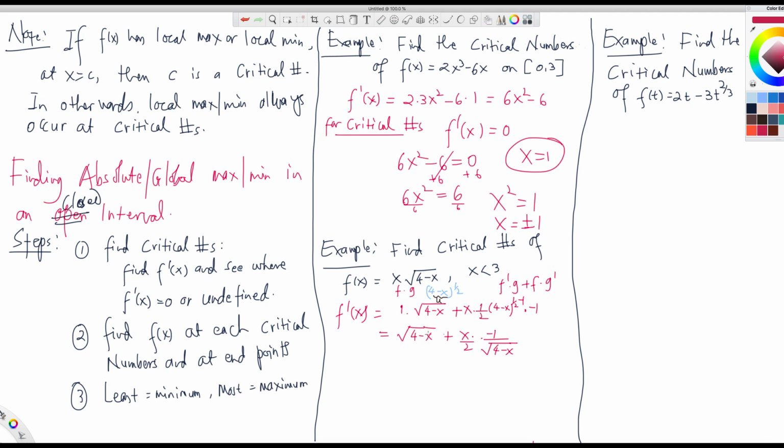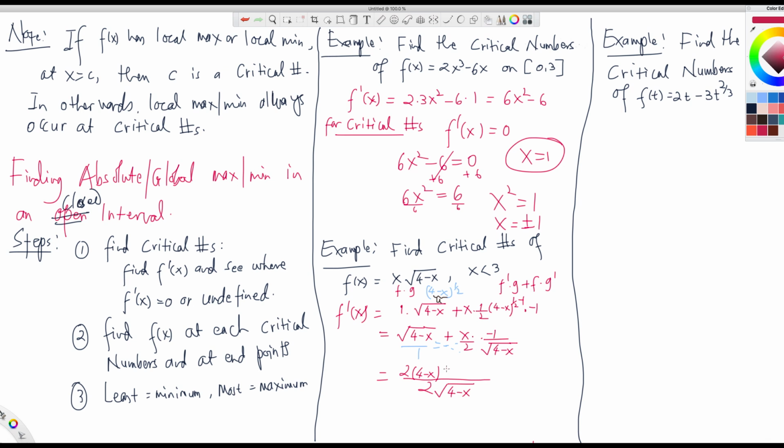Now, I want to combine these two. Do you know how to combine that? You can write this with 1 in the denominator and then the other denominator is 2 root under 4 minus x, right? And then do the cross multiplication. So it will look like this times that and then this times that, right? Root under 4 minus x times 2 root under 4 minus x will be 2 times 4 minus x.